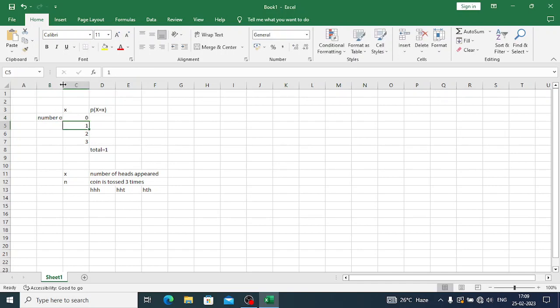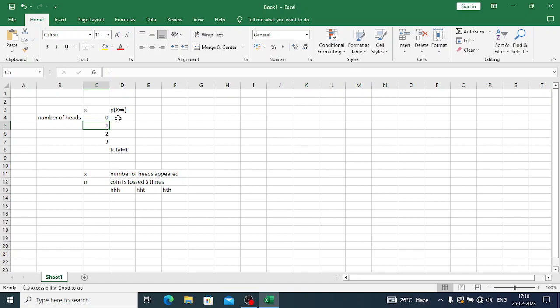Then your n is equal to 3. So how many heads can appear? Either 0, 1, 2 or 3. Every time when I toss the coin, only 2 outcomes are defined, either head or tail. Now I am repeating this same process 3 times.